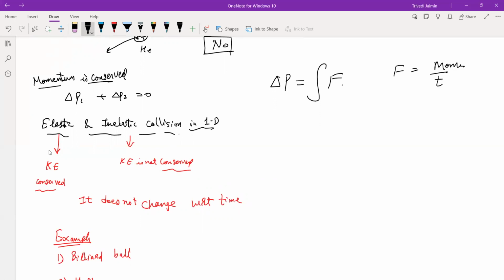So delta P1 is the integral from 0 to t of F dt, and delta P2 is the integral from 0 to t of F dt, with F for 1 on 2 and F for 2 on 1. These objects are colliding with each other.